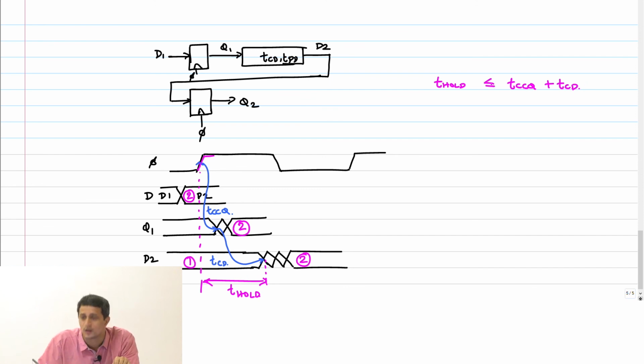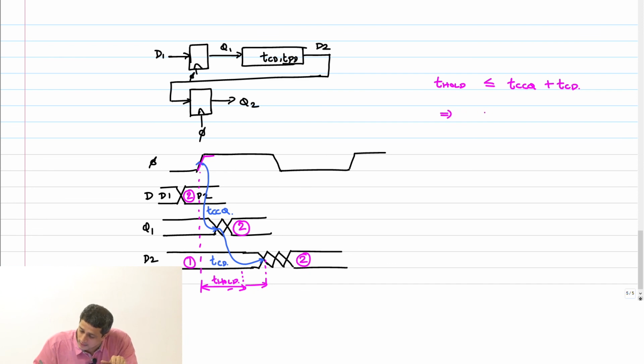Yes. As long as the data change happens after the hold time. So let's say the hold time of the flop is somewhere here. Let's say this is T_hold. As long as this change happens later, there is no issue, right? And that's what we are saying. So what does this mean?